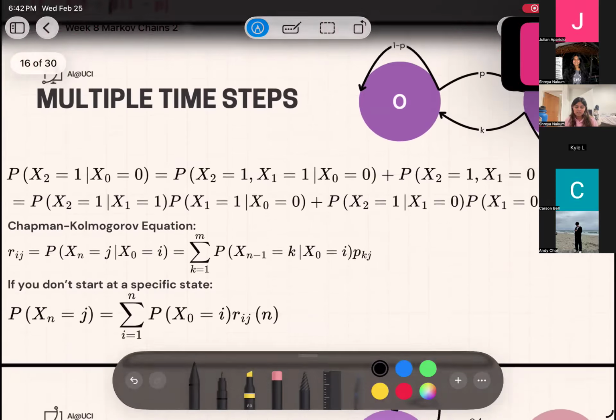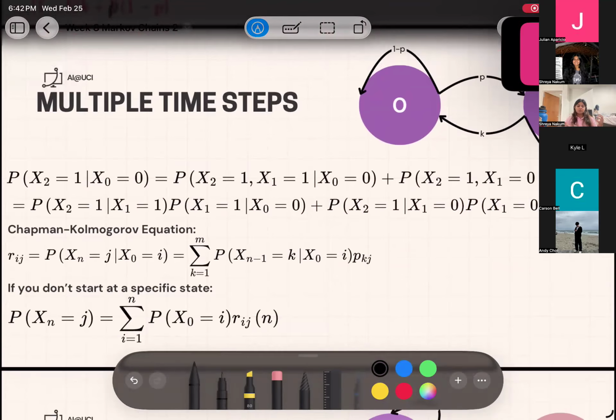So that's what this equation is talking about with multiple time steps. To do a two-step path to time step 2, we took a one-step path from t equals 1 to t equals 2, and a one-step path from t equals 0 to t equals 1.